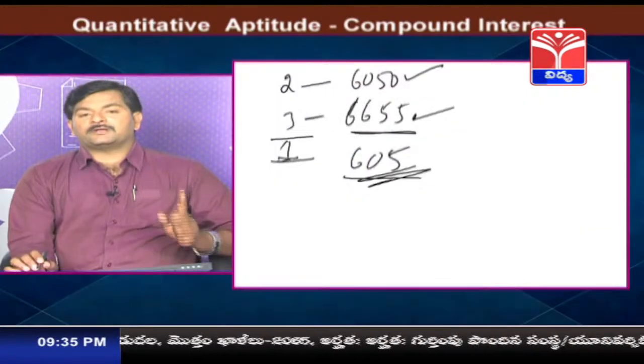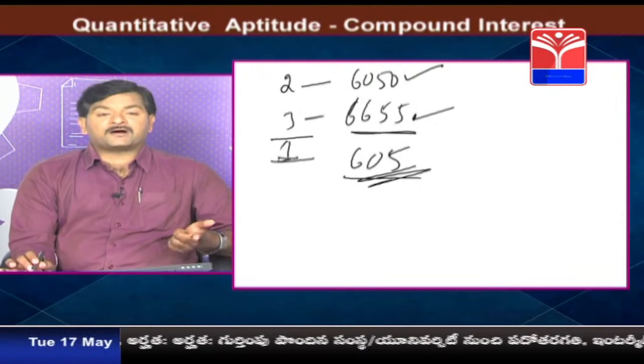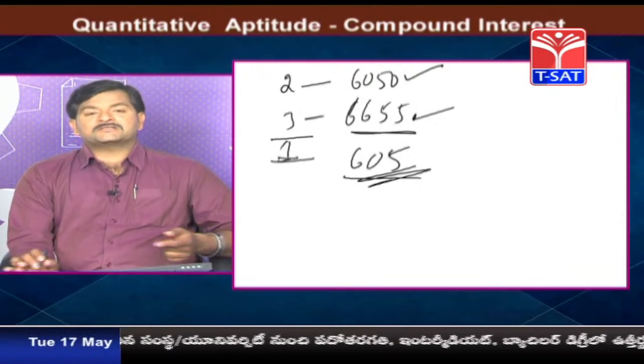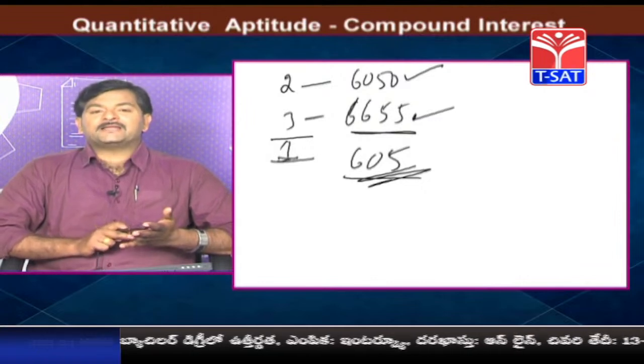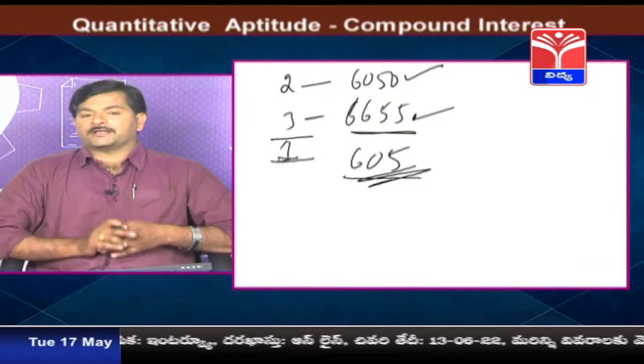Okay, see why I am getting 605 rupees extra for a 1 year gap? Because it is obviously interest. Interest for how many years? Interest for only 1 year. But on what sum? Because we know one thing: usually the second year amount is considered as principal for the third year.